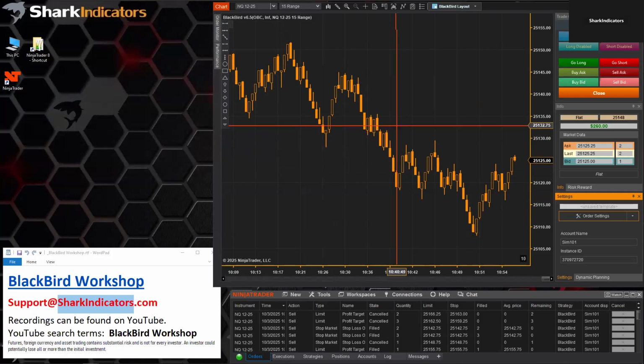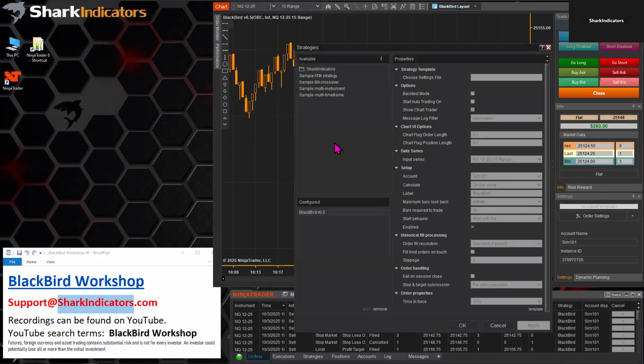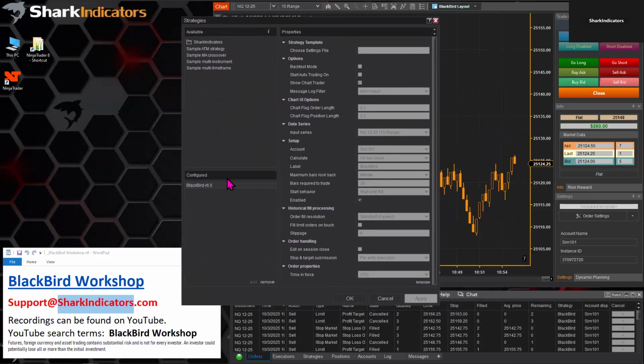So if you're BlackBird, let's pull up the strategies window here. So if your BlackBird has the calculate set to on bar close, then BlackBird only gets bar prices when the bar closes. That's a NinjaTrader framework design.